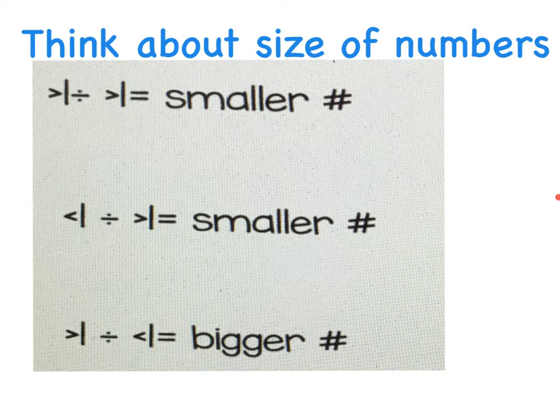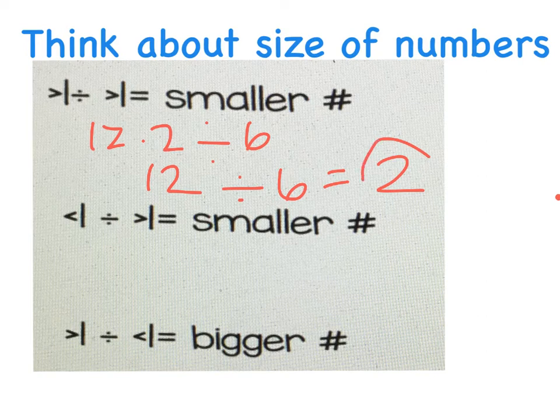In this case, your answer is actually going to be a bigger number than what you started with. Let's look at some examples for each of these situations so that it makes a bit more sense. The first example would be something like 12.2 divided by 6. I could estimate 12 divided by 6, which is 2. My answer is smaller than the number that I started with. 2 is less than 12.